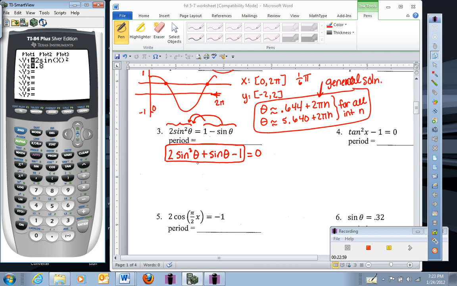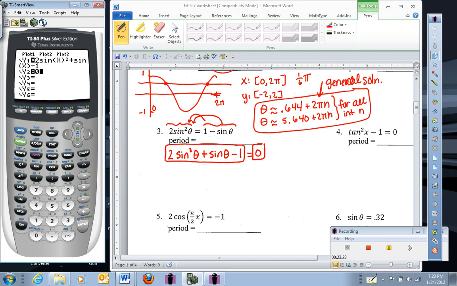So you want to go ahead and put your x, which is representing theta, in parentheses as the argument of the function, and then square it. Don't put the squared inside the argument, put it outside the argument. Then I'm going to add my sine x and minus 1. Okay, so for my y2, I need to put a 0 in there.